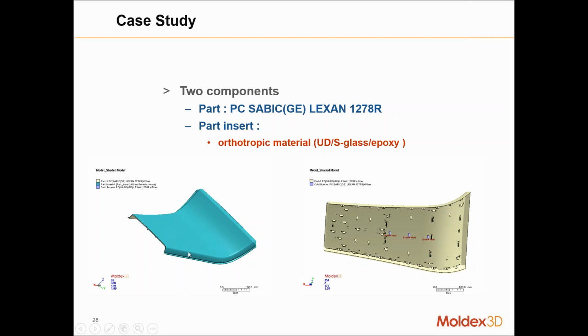The blue, as you can see on the bottom left, will be modeled as an isotropic steel and one with the fiber laid in a certain direction. To the right, we can see the part in yellow, and in purple, we can see the feed point, the cold runner.